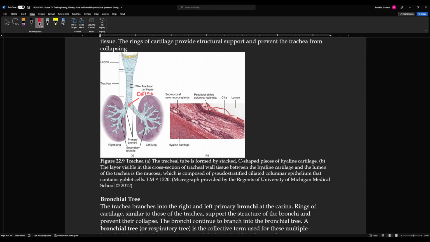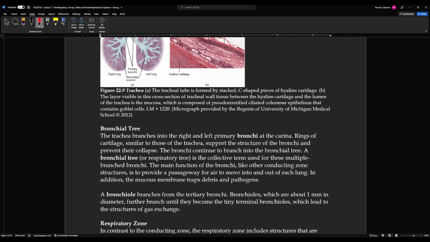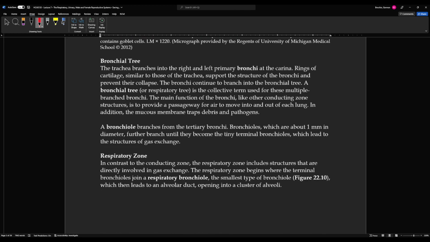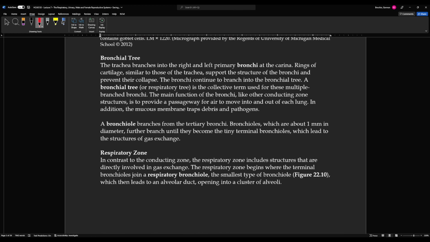Conceptually, everything after secondary is just referred to as tertiary, until we get to what's called the bronchioles. The bronchioles are pretty much anything that's about 1 millimeter or smaller, and those will also divide further, and we eventually end up with respiratory bronchioles.